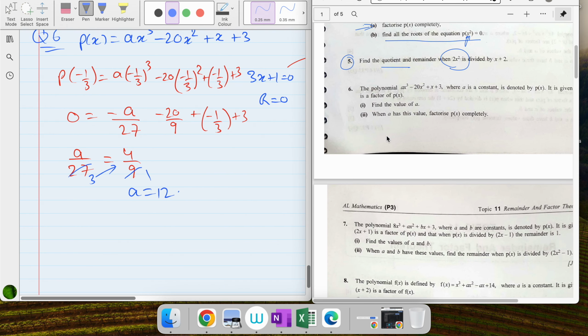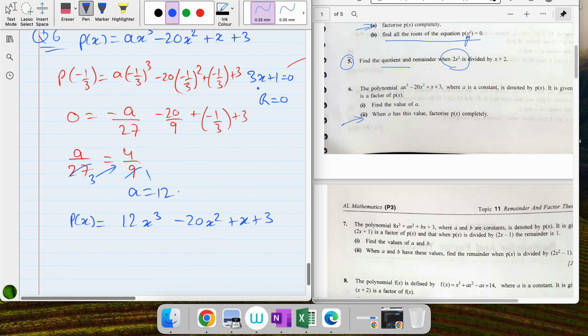Second part demands when a has this value, factorize it completely. So p of x is equal to 12x cube minus 20x square plus x plus 3.